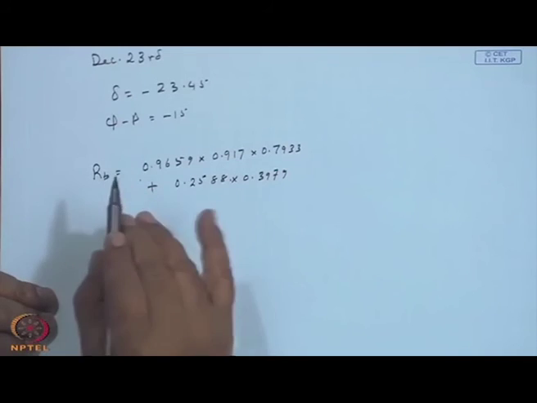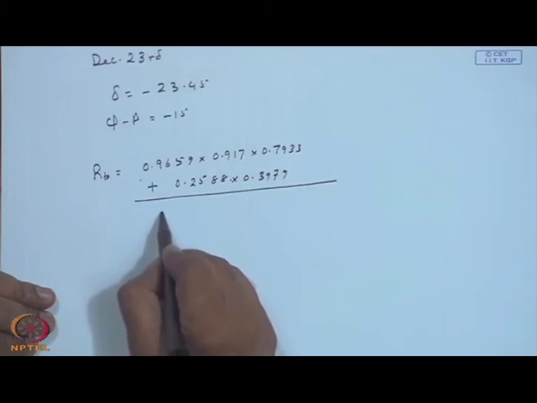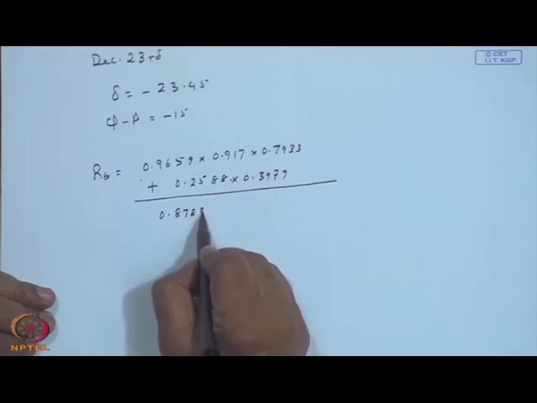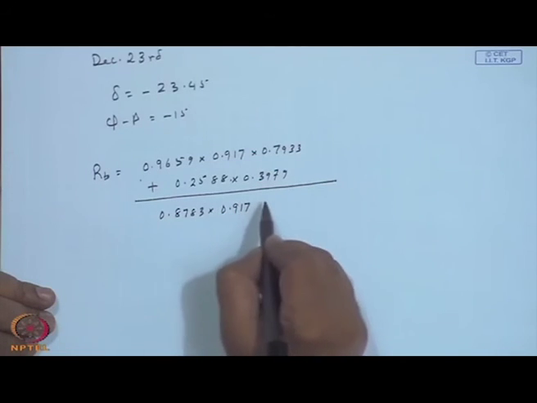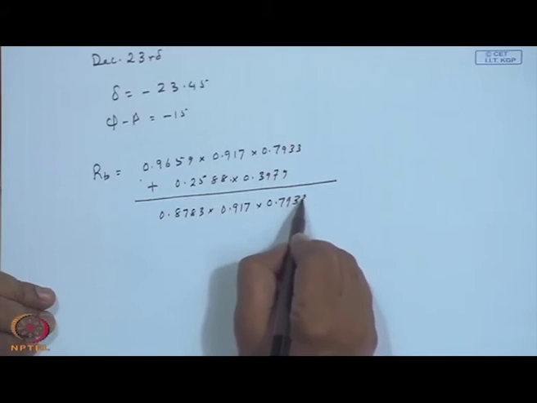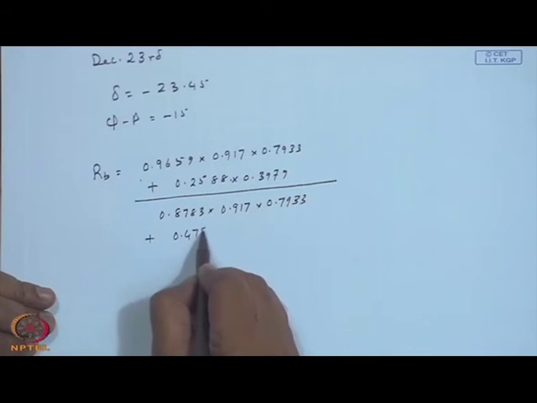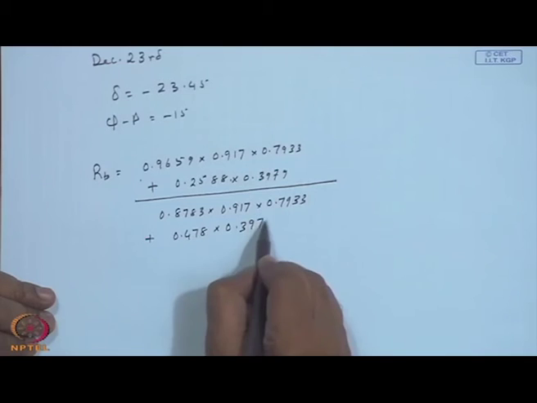Consequently, this remains plus, upon, I had to rewrite the whole thing, cos phi times cos delta cos omega plus sin phi into sin delta, 0.3979.